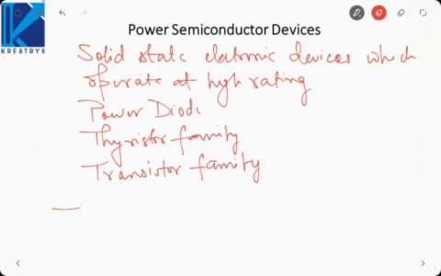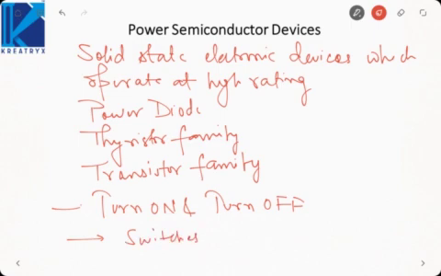So we wish to control their turn on and turn off. Now these devices are always designed to operate as switches. In power electronics, whenever we wish to change the voltage or any parameters of the power, we need switches.